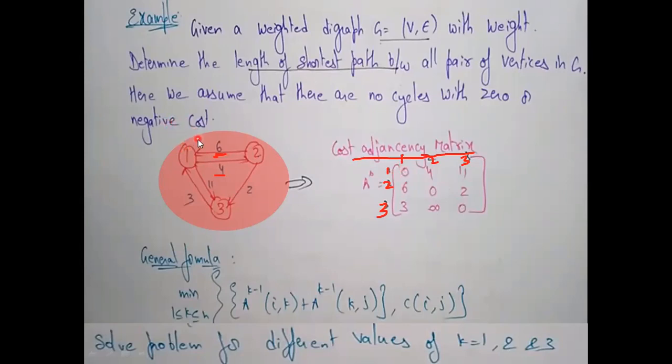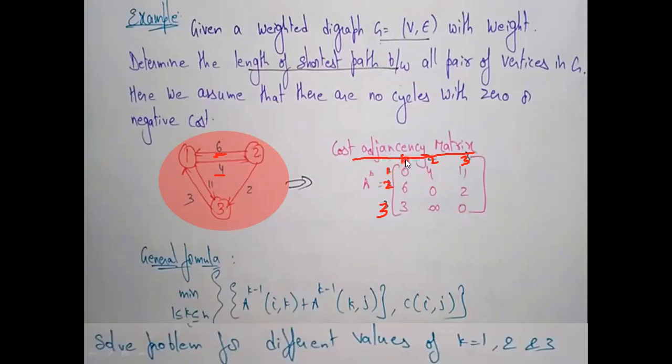There is no cost for 1 to 1, so it is 0. Actually, all diagonals should be 0 only, because there is no self loop. 2 to 2, there is no loop, so it is 0. 3 to 3, no loop, so it is 0.